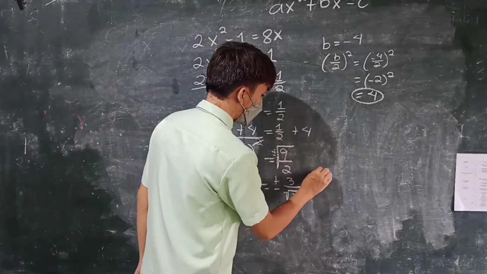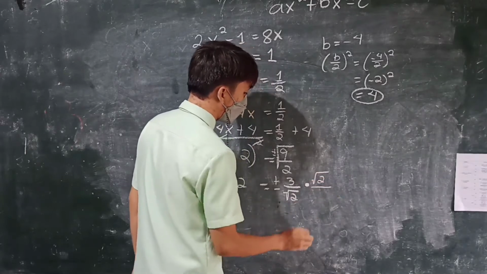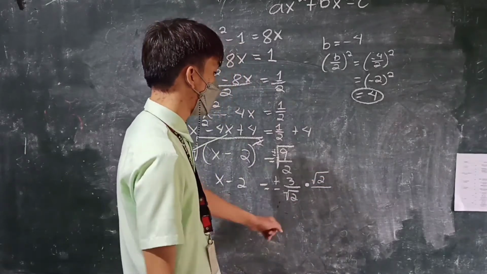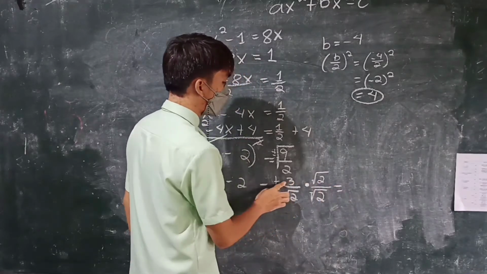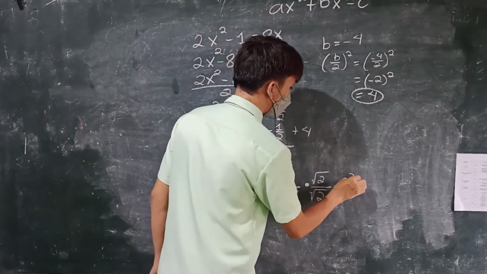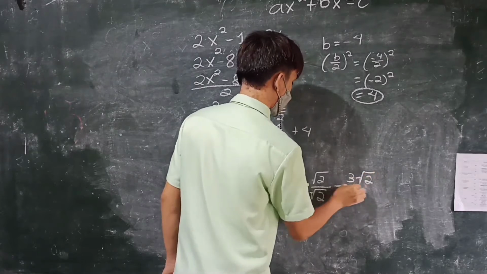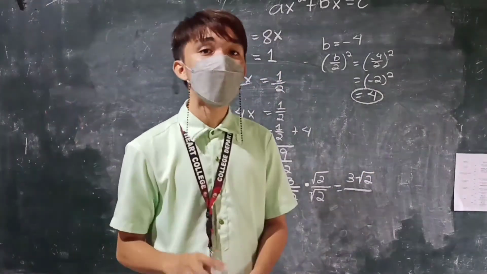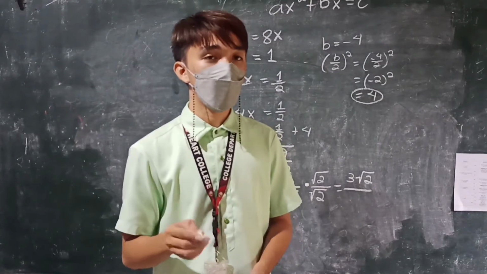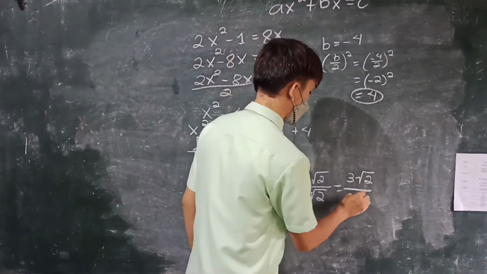So multiply the numerator and the denominator by the conjugate of the denominator. 3 times square root of 2 is 3 square root of 2, over square root of 2 times square root of 2 is square root of 4, and the square root of 4 is equal to 2.